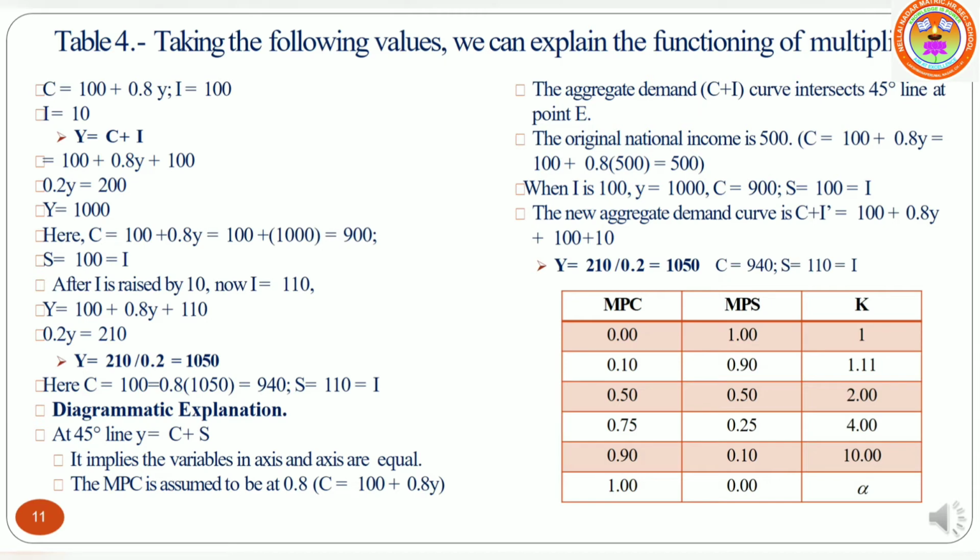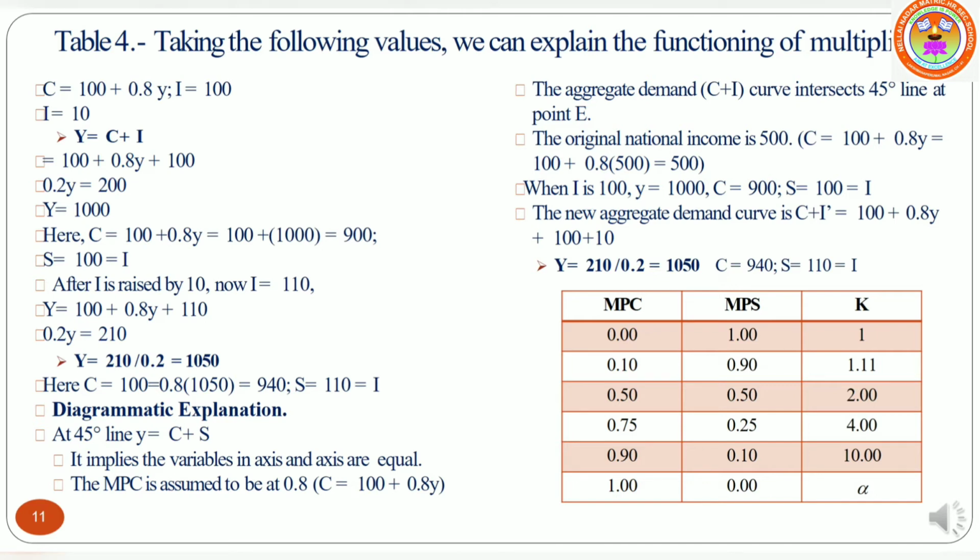So 1050, how much are we getting? 940. How much did we save? Saved: 1050 minus 940, what are we getting? 110.